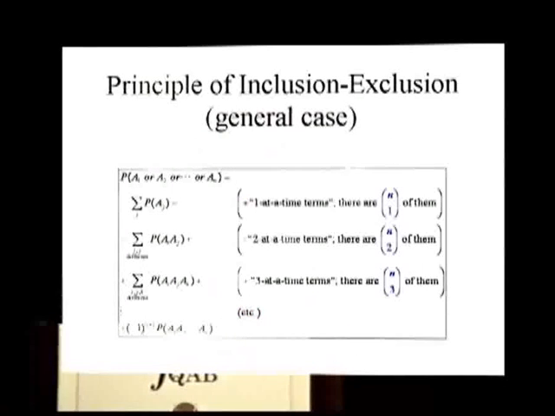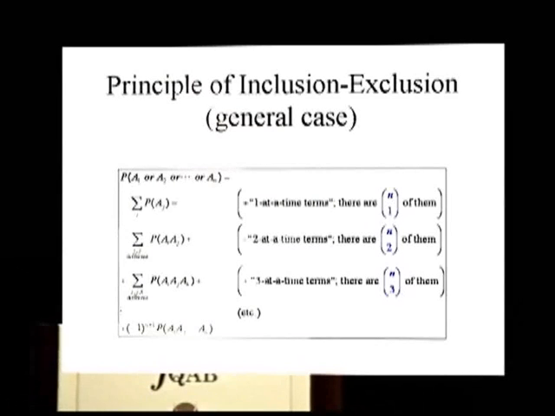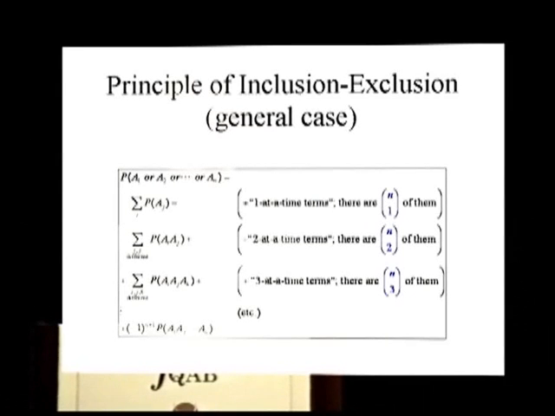Okay, this is the part that looks awful, but the logic is this. When you have probability of A1 or A2, and so on, you add the probabilities of the single events. You include them. How many are they? There are combinations of n, one at a time, which is just n. What about what you do next? Now you're going to exclude. You exclude the pairs. How many are they? Combinations of n, two at a time.